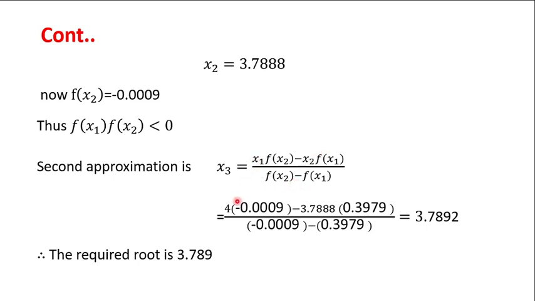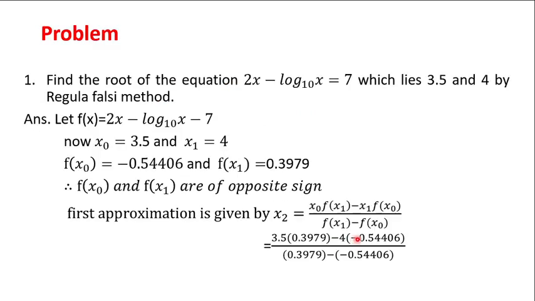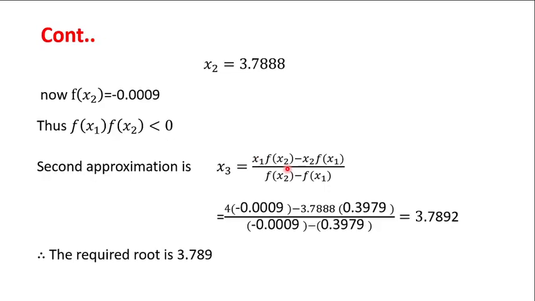Here x1 is 4, f of x2 is minus 0.0009, minus x2 value 3.7888 into f of x1, which is 0.3979, whole divided by f of x2 which is minus 0.0009 minus f of x1 which is 0.3979.